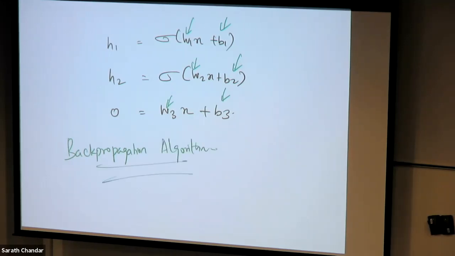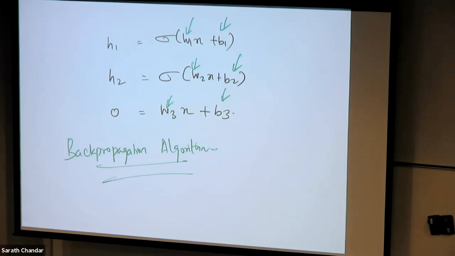So backpropagation is not a learning algorithm. Our learning algorithm is still gradient. We will use gradient or semi-gradient, depending on the case. But backpropagation is just an efficient way of computing the gradients or semi-gradients before we apply it.